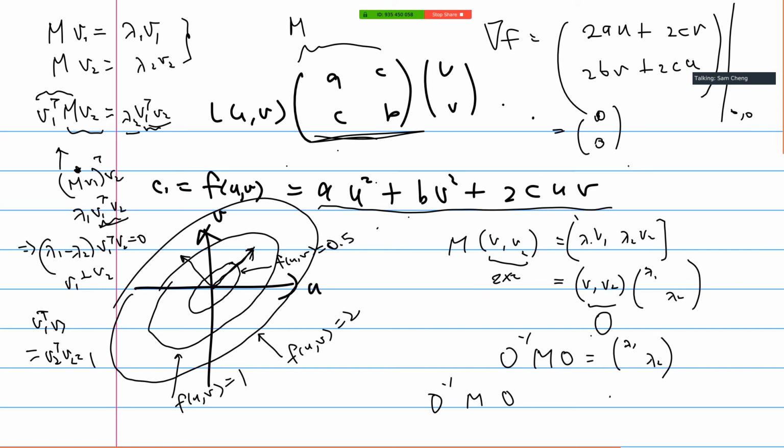By the way, O inverse is actually just O transpose, because you can see that O transpose times O is equal to v1 transpose, v2 transpose times v1 v2 here. Because it's orthogonal, right? As I mentioned, v1 transpose v1 is 1 by orthonormality, and v1 transpose v2 is 0, so I have the identity here. This is an orthonormal matrix. And now, as you can see, I have this one here.